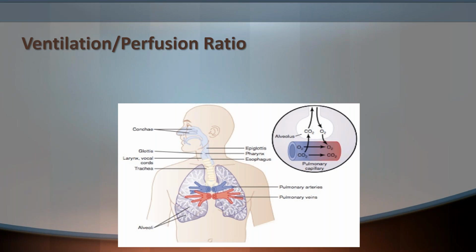So we can see the exchange that's occurring within this picture. We've got oxygen coming in. That is the alveoli depicted in the top right. That is then going to interchange with the capillary beds, and then carbon dioxide is going to be dropped off into that alveoli from that capillary bed.